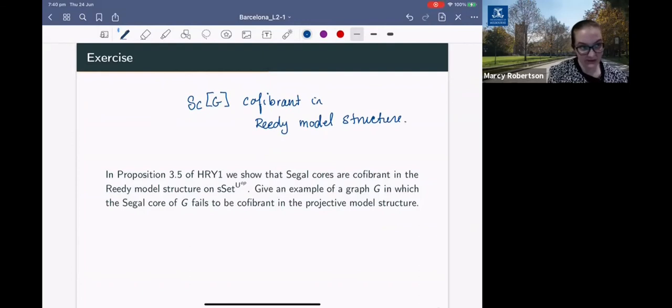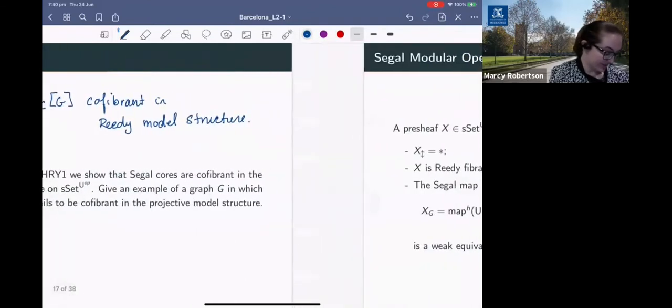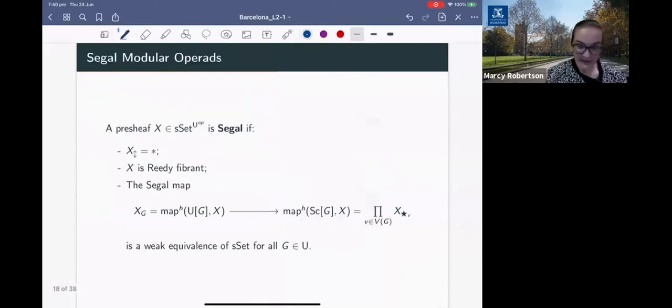So you don't have to work so hard to come up with an example where this is not cofibrant in the projective model structure. And this can be useful for figuring out what's going on here exactly. That's my exercise for you. Okay, if anyone needs a hint, you can ask me.